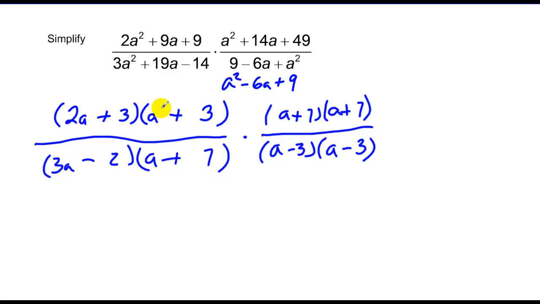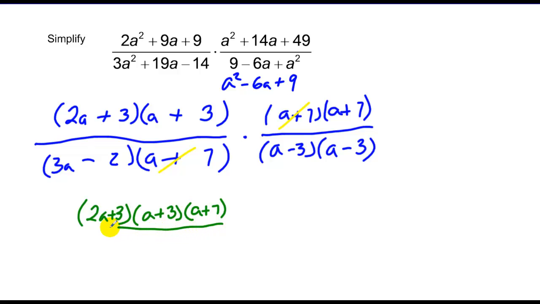So now I have to look for like factors. I see an a plus 7 and an a plus 7, and I think I'm done. I have no more like factors. So what's left is I have 2a plus 3, a plus 3, a plus 7.